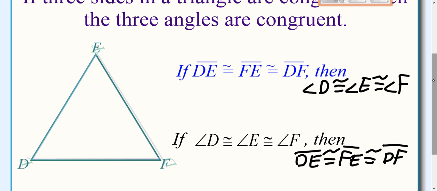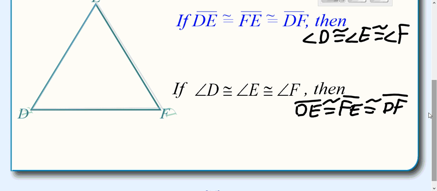Another piece that we can add to this is, if all three sides are the same and all three angles are the same, we know that those three angles have to add up to equal 180 because it's a triangle. And they're all the same.